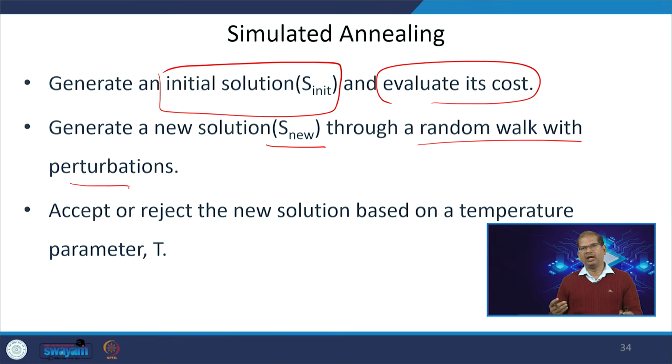We have a random number generator which gives a new solution. Then we accept or reject a solution based on the parameter temperature.